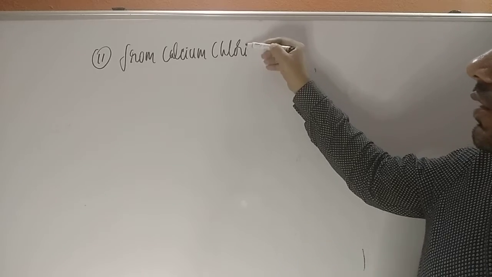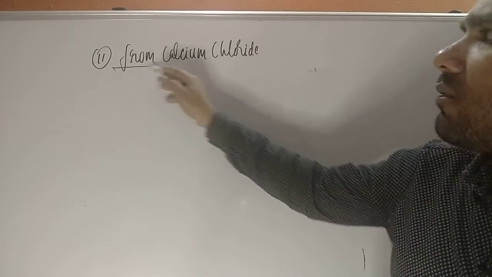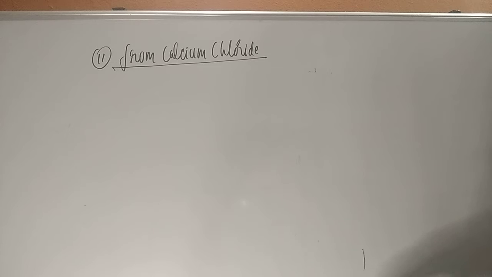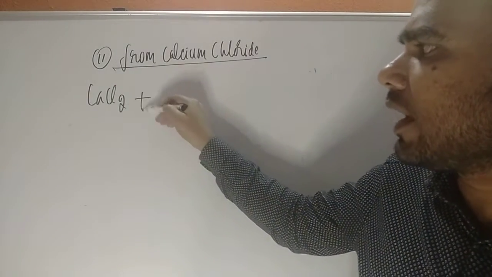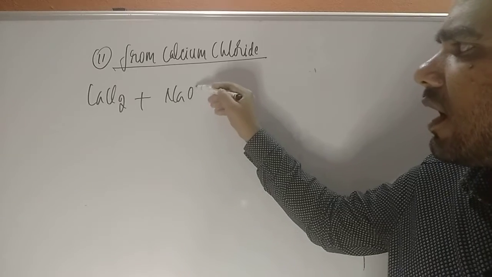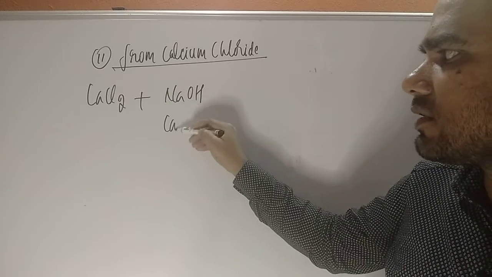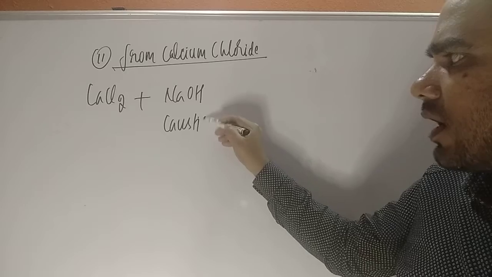When you talk about calcium chloride, you treat the calcium chloride with sodium hydroxide. So we have CaCl2 and we are treating it with sodium hydroxide, which is known as caustic soda.